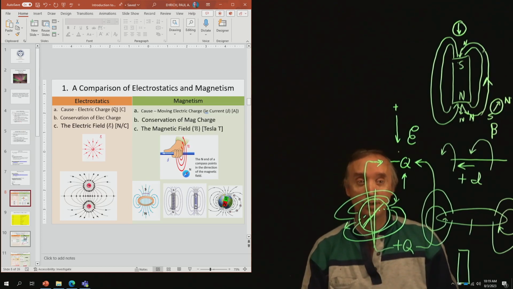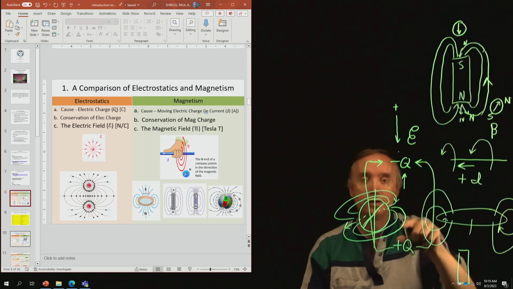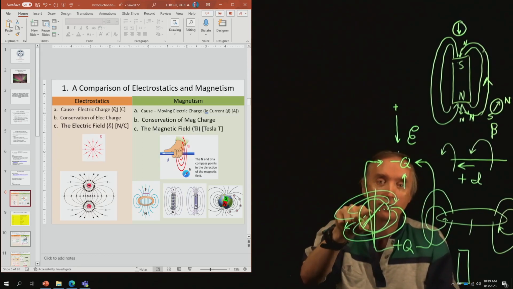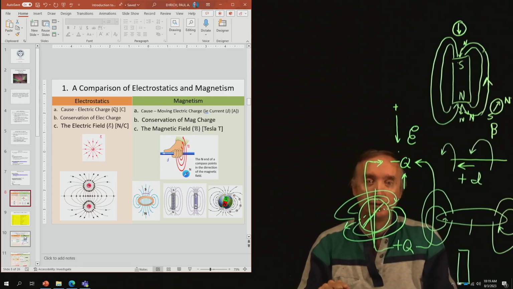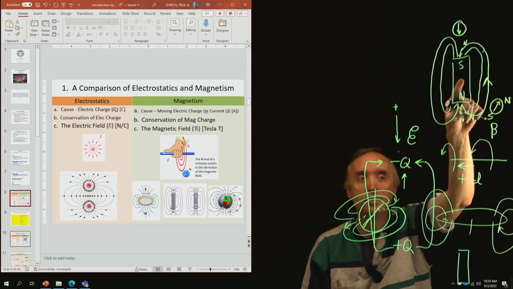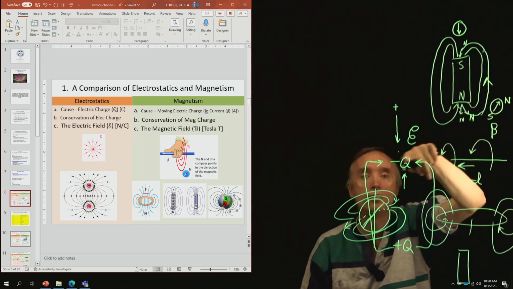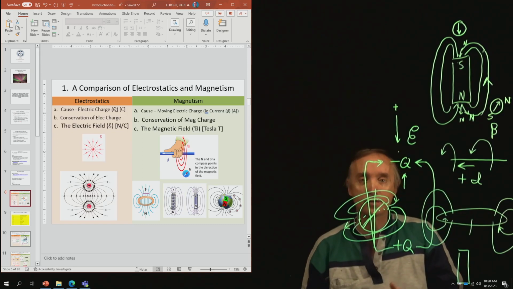I obviously have too many lines on my board here, but if you look carefully, that picture over there for the electric dipole is the same as this picture here. So this is a magnetic dipole, and that's its field, and over to the side there is the electric dipole, and they're the same. Kind of interesting.